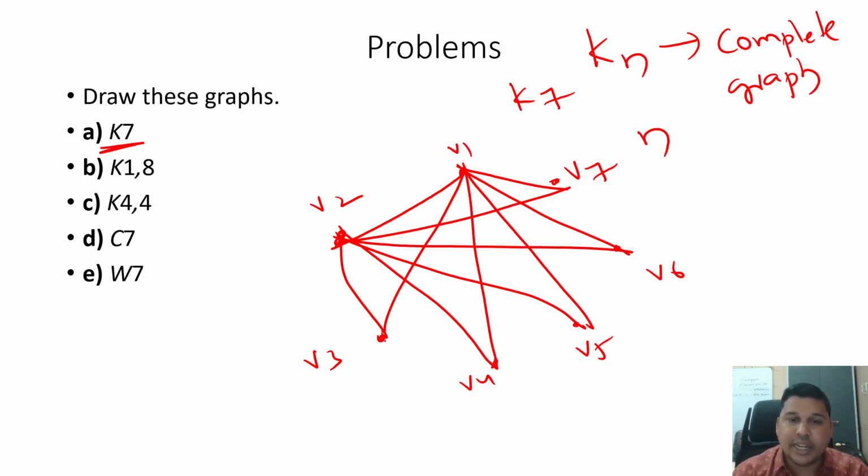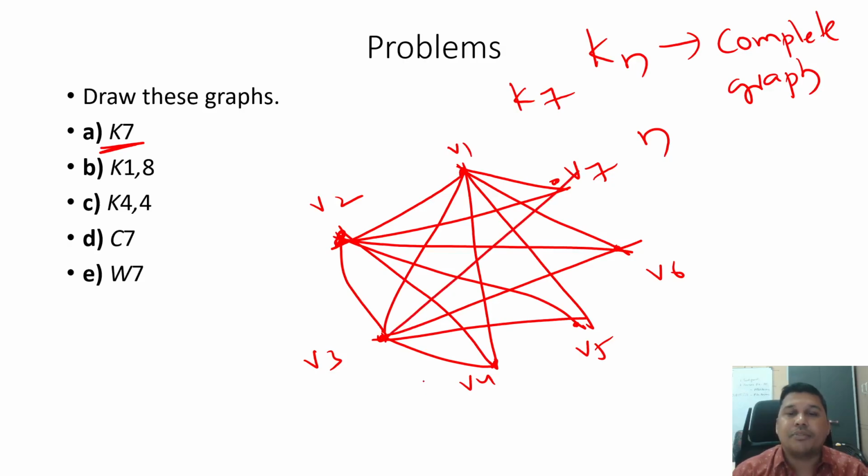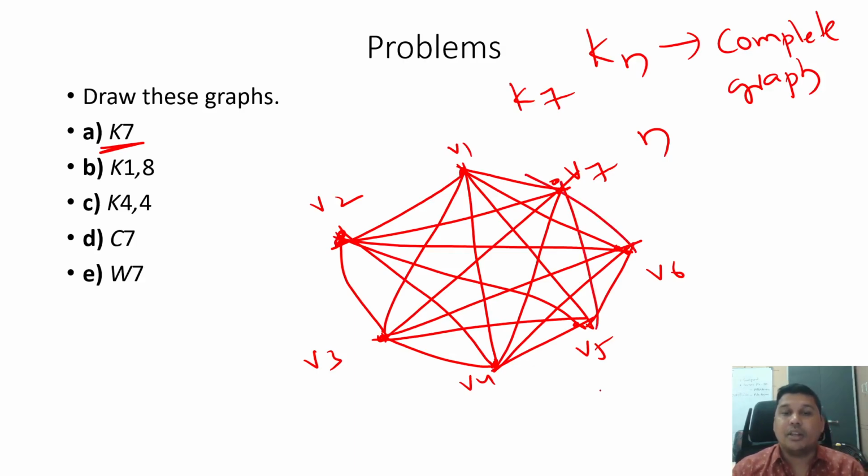Then from V3, to V1 and V2 I already have, to V4, V5, V6 and V7. Then from 4, to 1, 2, 3 I already have, 4 to 5, 4 to 6, 4 to 7. Then from 5, 6 and 7, from 6, 7. So this is the K7 graph, complete graph with 7 vertices.